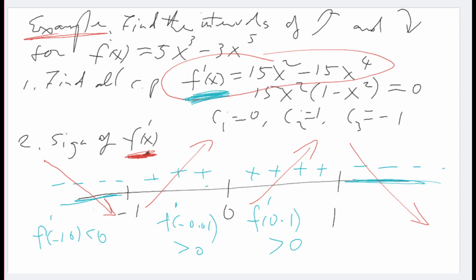We are doing it in the dark based on the sign of the derivative. That's the whole point. Then 0 to 1 the function will increase, and 1 to infinity the function will decrease. So this is one thing we can tell based on the sign of the derivative: increasing, decreasing.